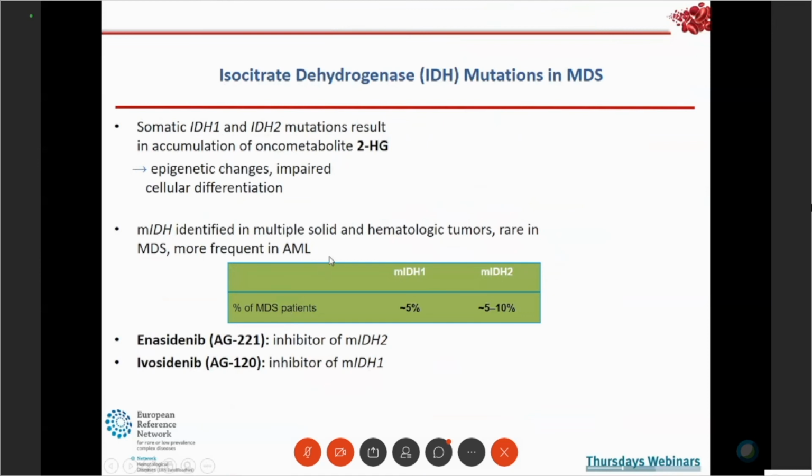Other mutations like IDH1 and IDH2 are very rare in MDS, but they do have specific inhibitors, and therefore could be used in the treatment of MDS.